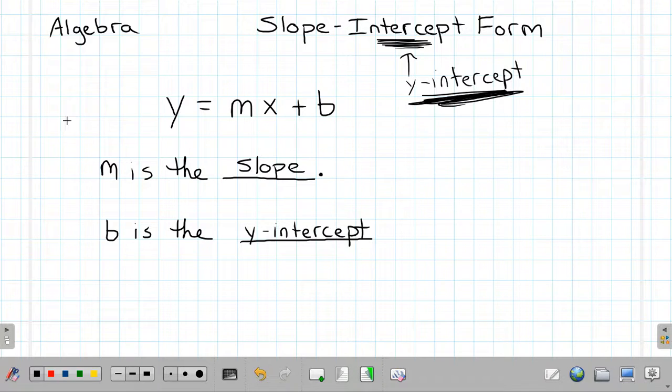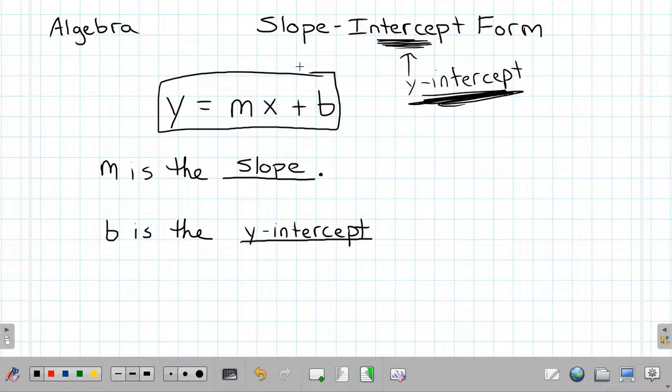Okay, so the thing that you need to pay attention to here, it says linear equations are frequently written in slope-intercept form. Well, this right here is slope-intercept form. Y equals mx plus b. This is a very major thing in algebra in terms of knowing.